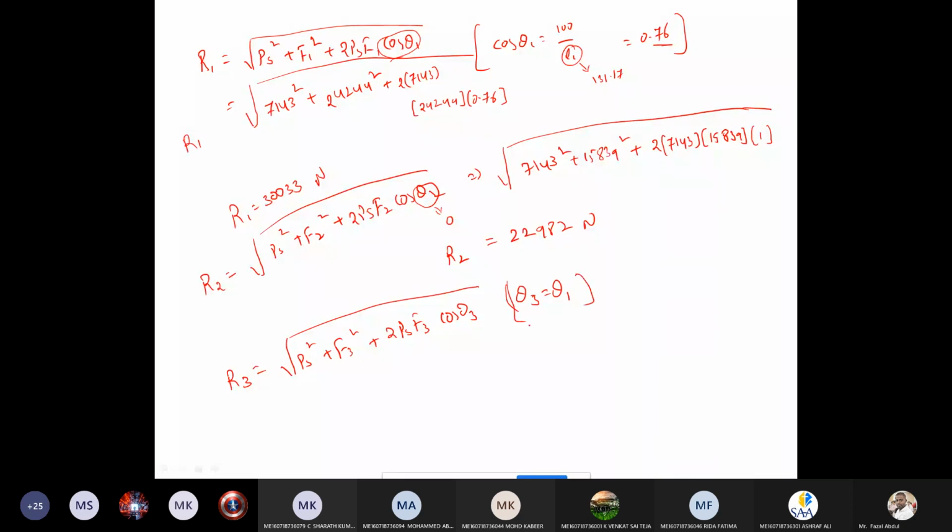So how much did we get? 7143 square plus 24244 square plus 2 into 7143 into 24244 into 0.76. It means the same value we can find as R1, 333 newtons.